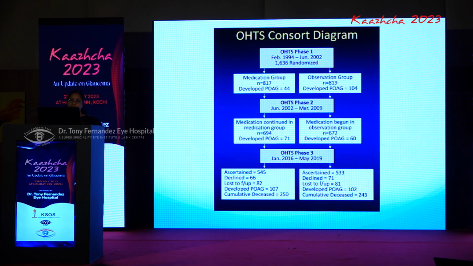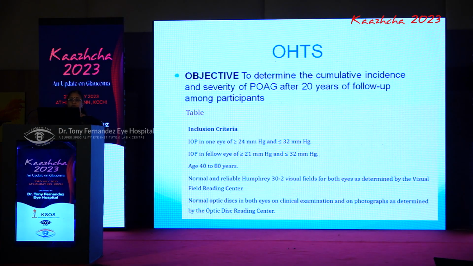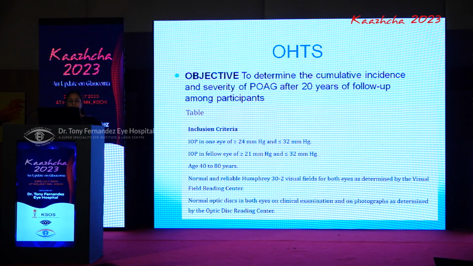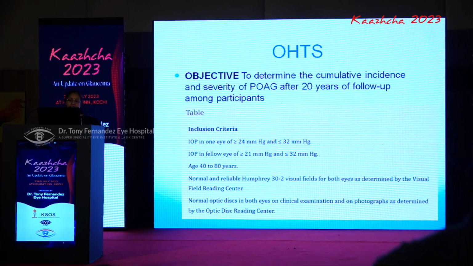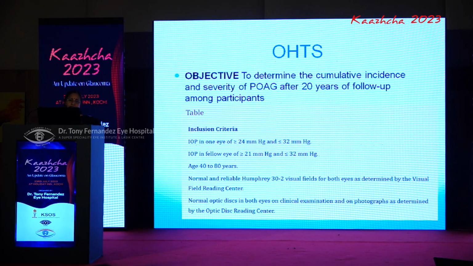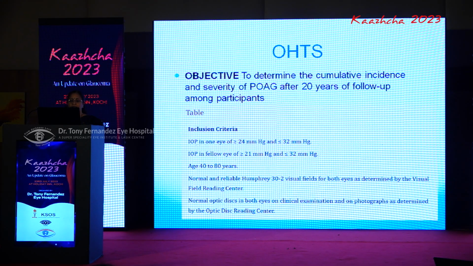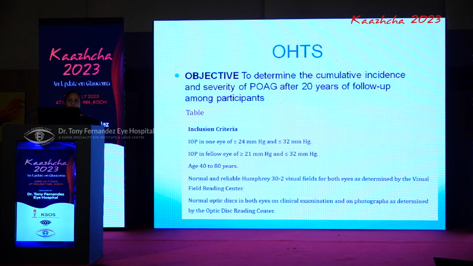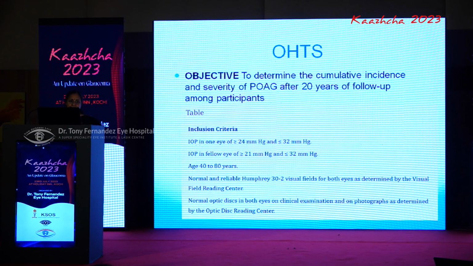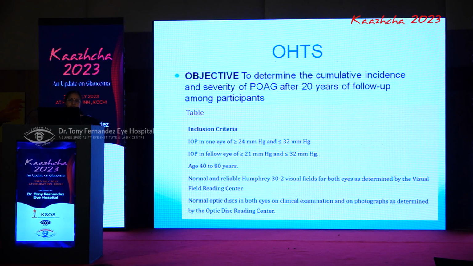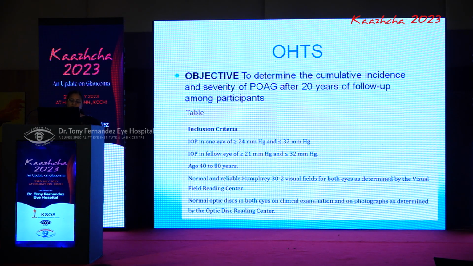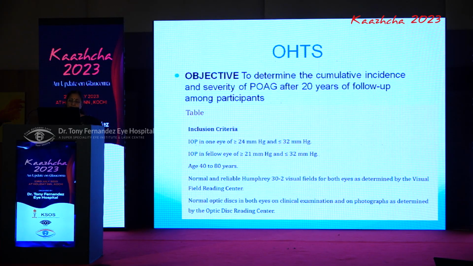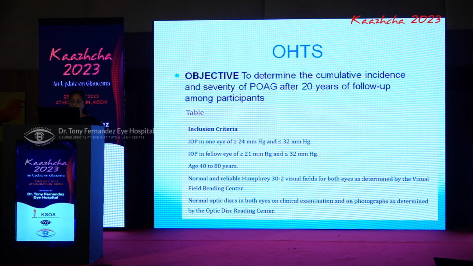The objective was to determine the cumulative incidence and severity of POAG after 20 years of follow-up, that is, all 3 phases together. The patients were 40 to 80 years old, with intraocular pressure in one eye of 24 to 32 millimeters and a fellow eye of 21 to 32 millimeters of mercury. Visual fields and optic disc had to be normal.